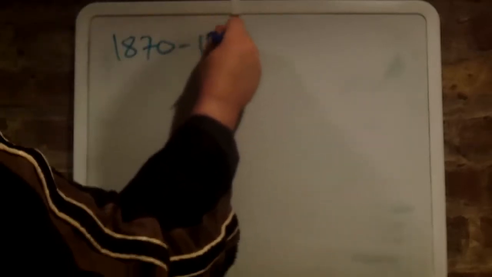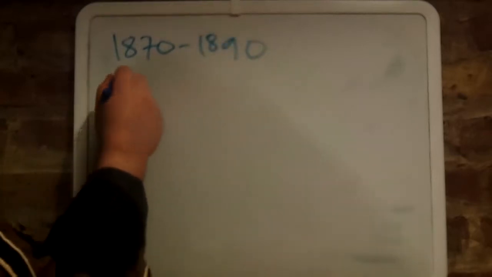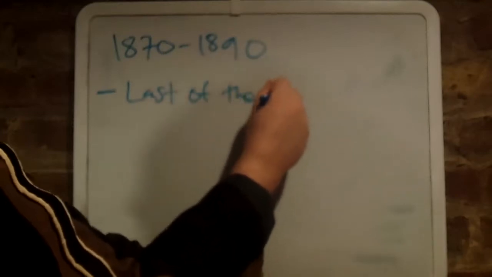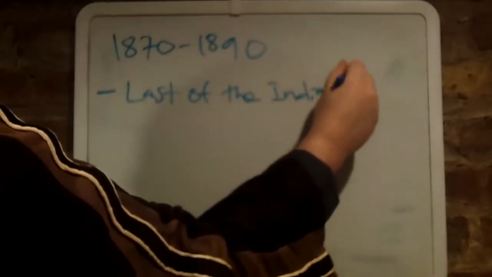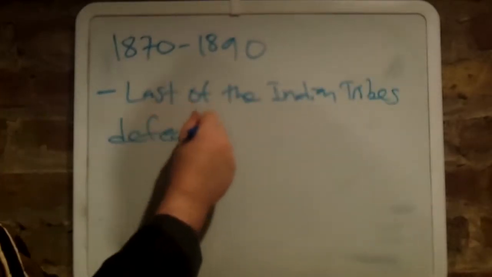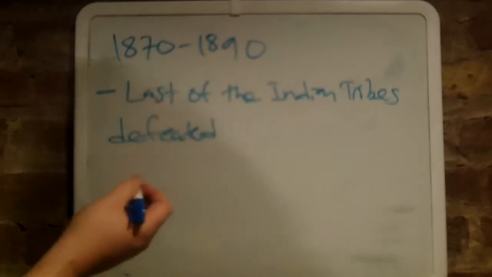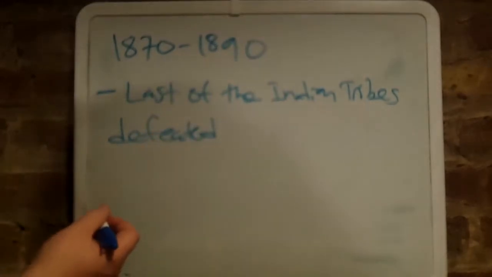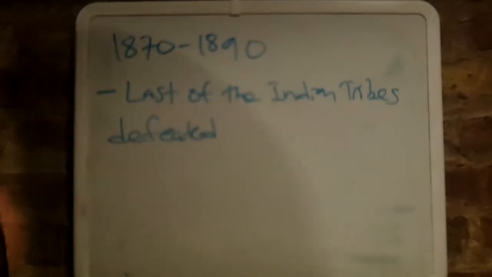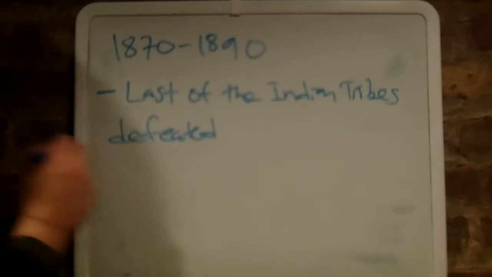And it was also during that period, 1870 to 1890, that the last of the Indians were defeated and forced onto reservations. And so by about 1890, the whole of the continental U.S. was under American control.